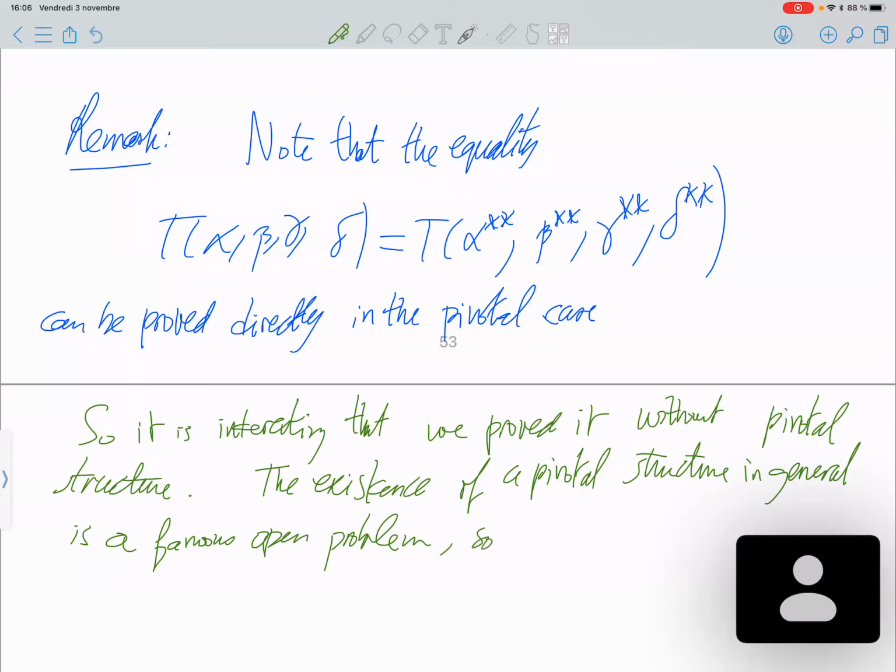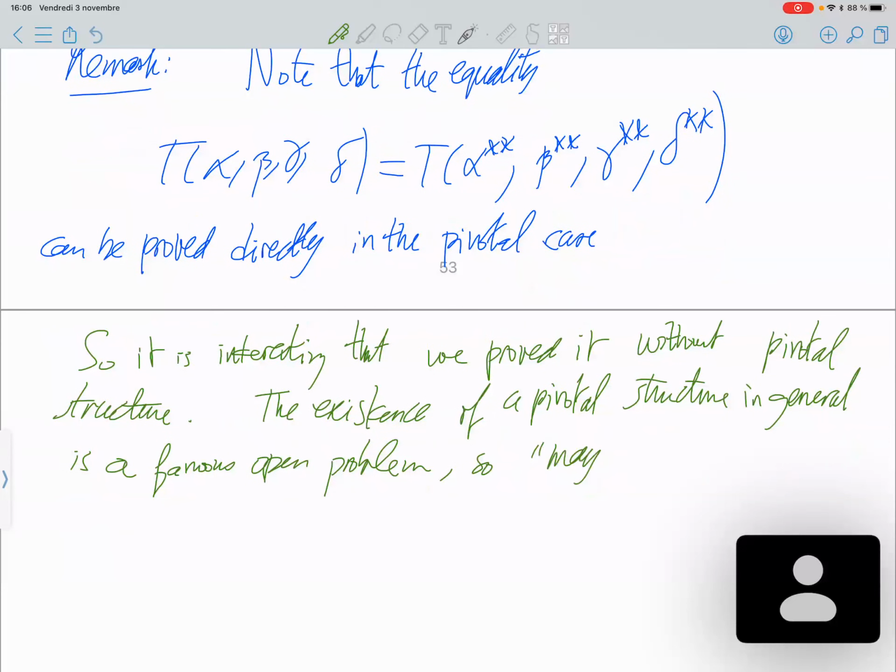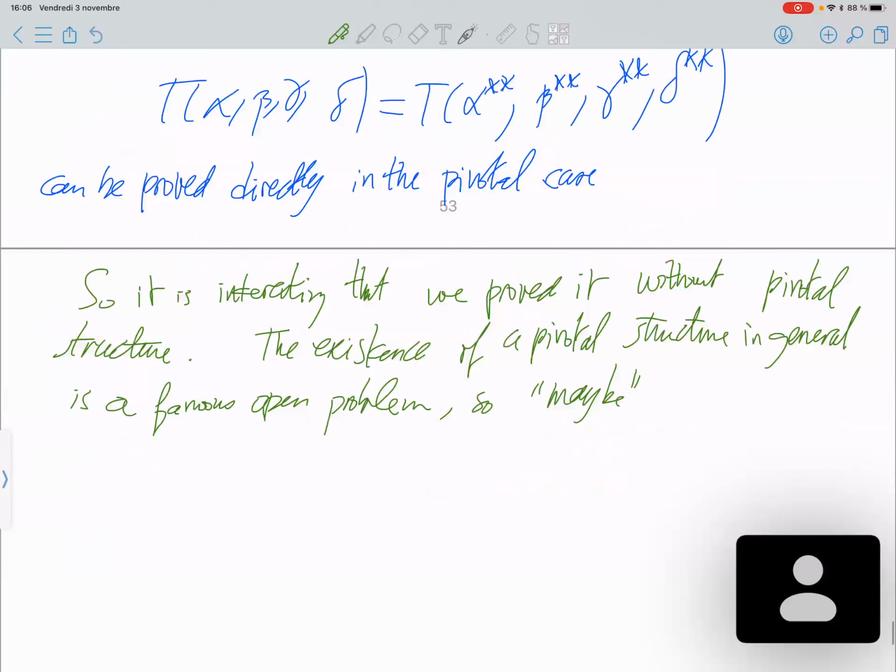So maybe, when I say maybe, I don't know, maybe not, the previous theorem can help to solve such a problem.